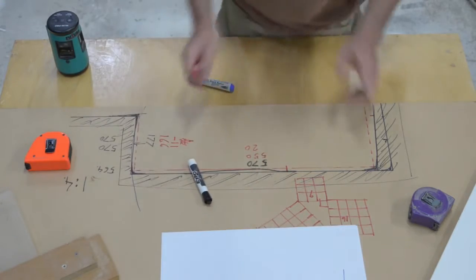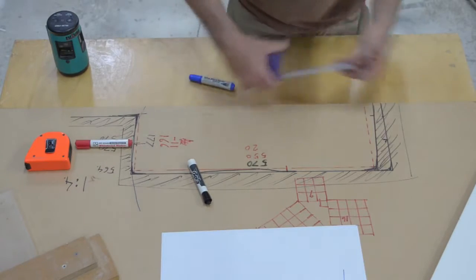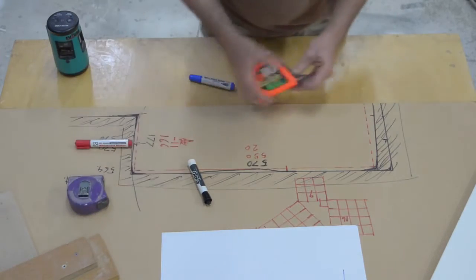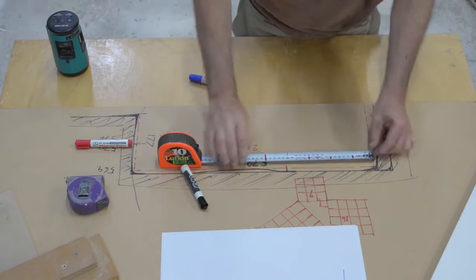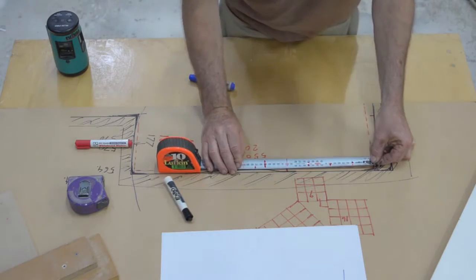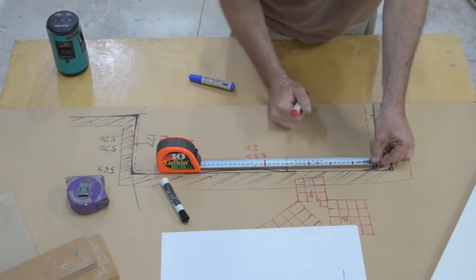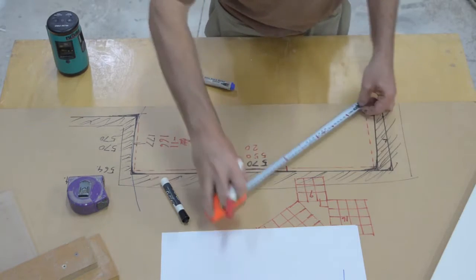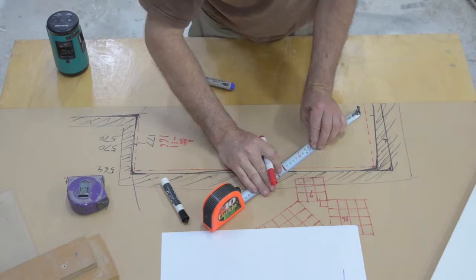Okay, so going back to our Pythagoras trick here. We're using 50 millimeters as our base unit in this case. So coming out 200 millimeters, going diagonally 250.